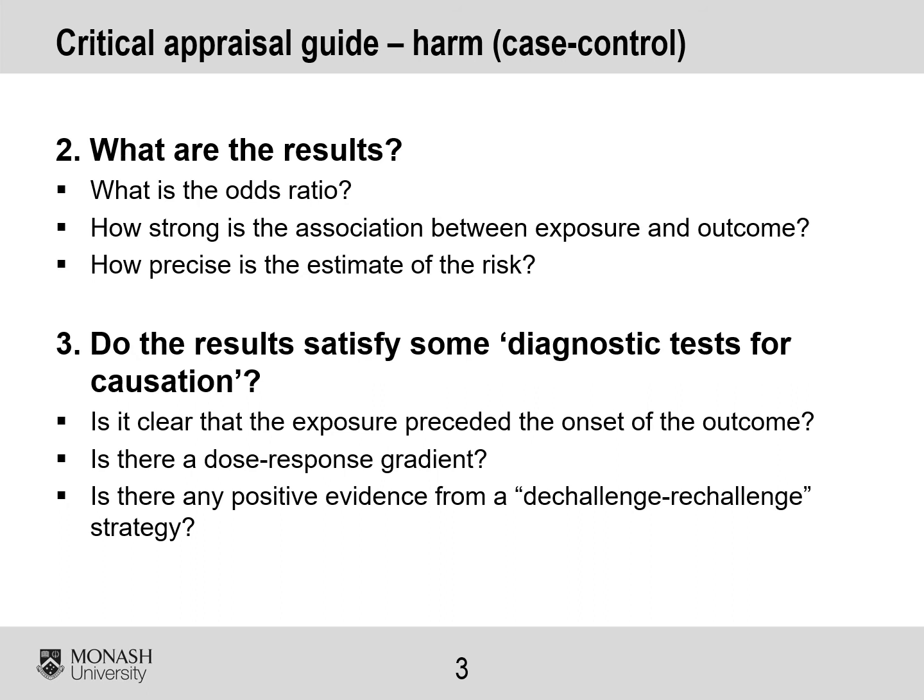Again, because it's a case control study, because the outcomes have already occurred, and because it's retrospective in its design, it may not be possible to demonstrate this de-challenge, re-challenge strategy. Again, as long as you highlight and explain what the de-challenge, re-challenge strategy is and why it's not possible in your situation, you'll be eligible for full marks.